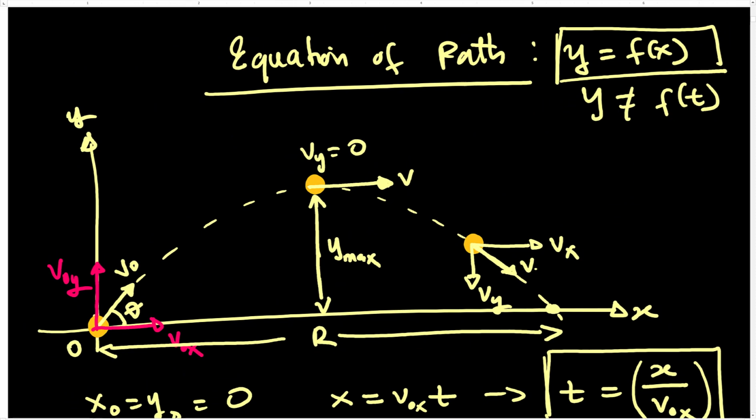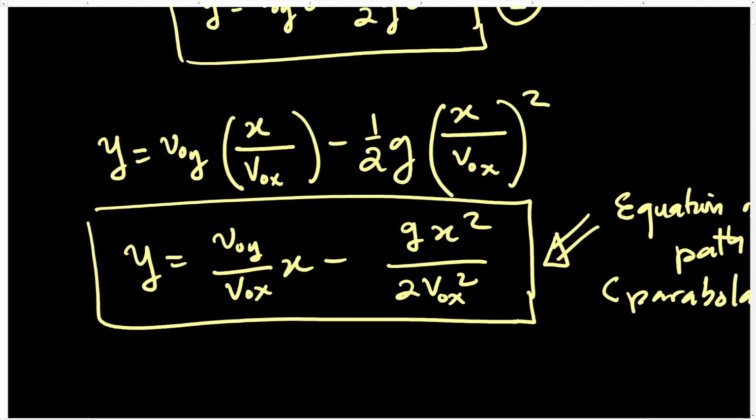But first, before we move on, I would like for you to observe something. This is the maximum height. At maximum height, Vy is equal to 0. That is very important. Why?